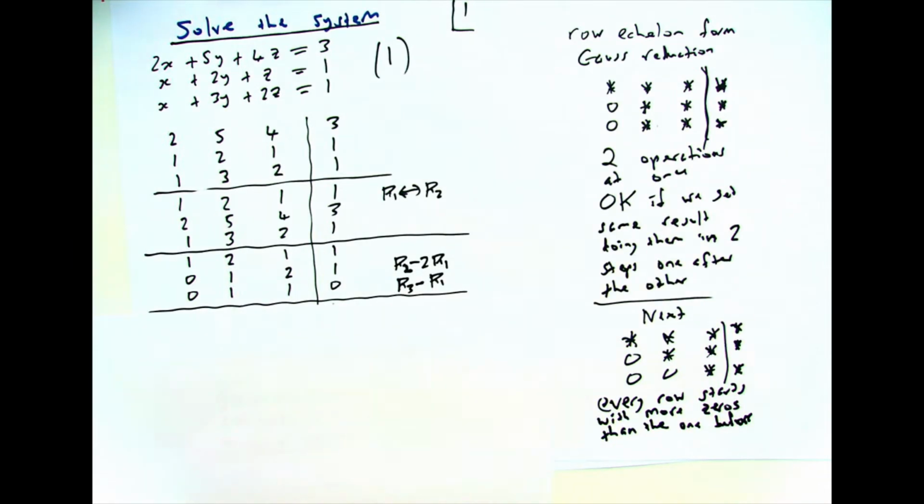Okay, not very legible. Is everyone happy with that? Every row starts with more zeros than the one before.